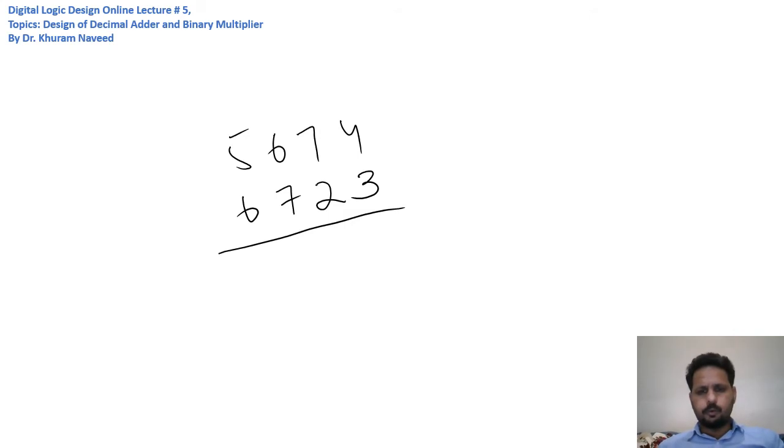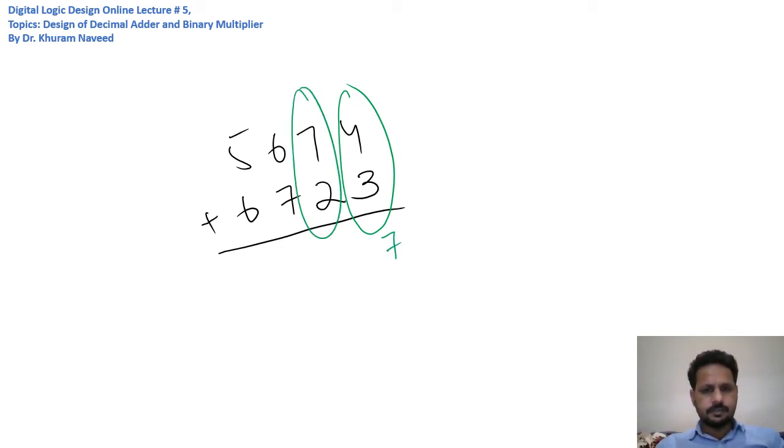And we want to add them, right? Generally on paper we add each decimal digit individually. We perform this addition first and we get a 7 in the answer, and then we perform this addition and here we get 9.